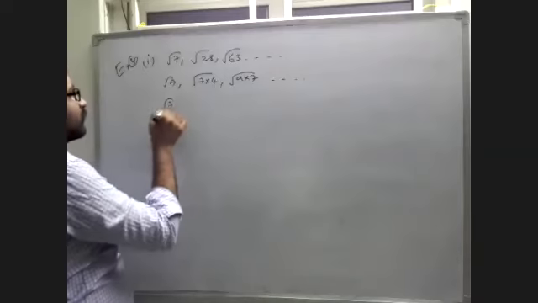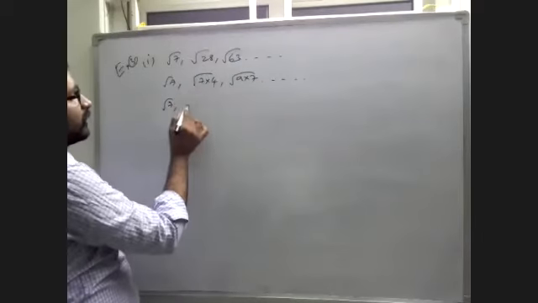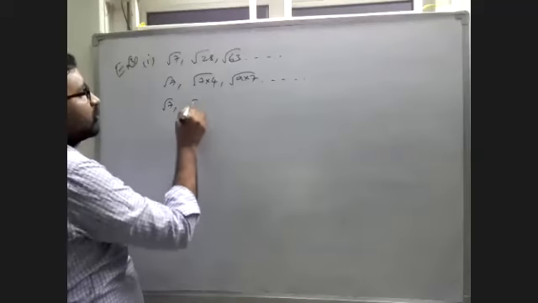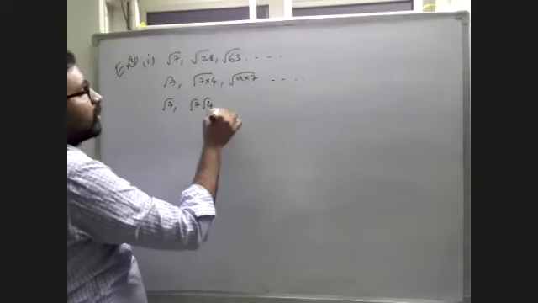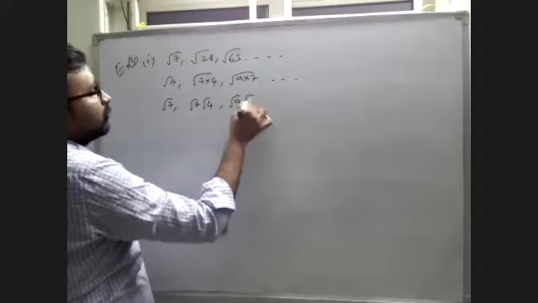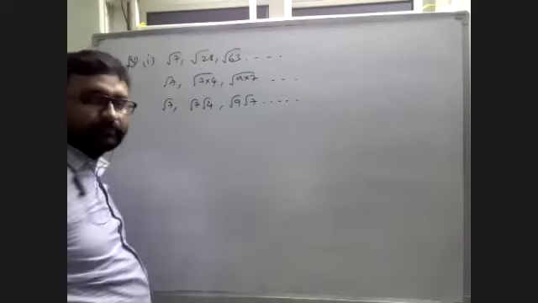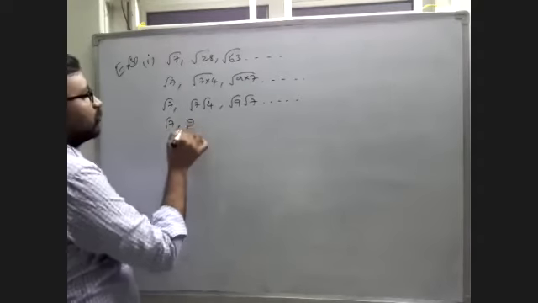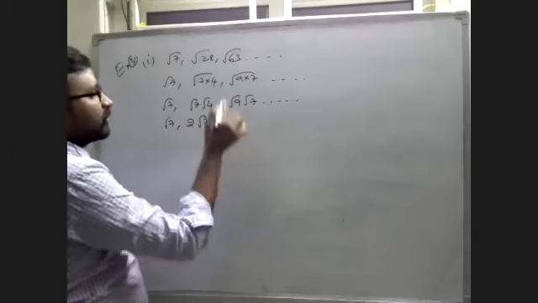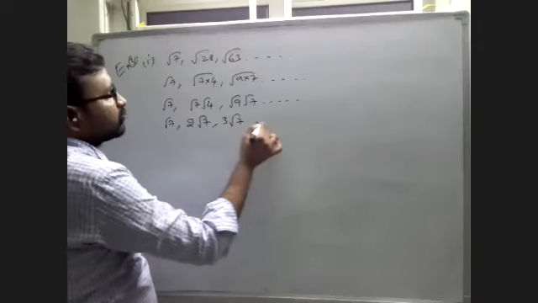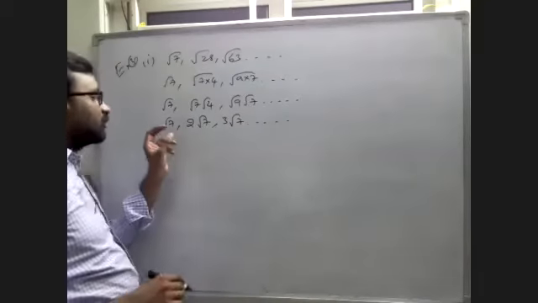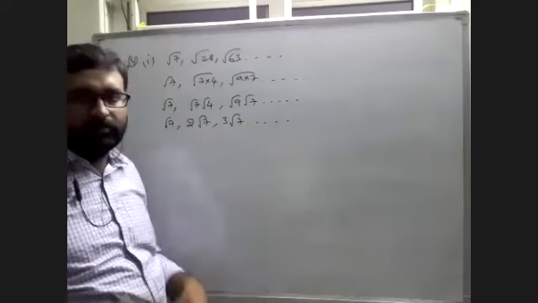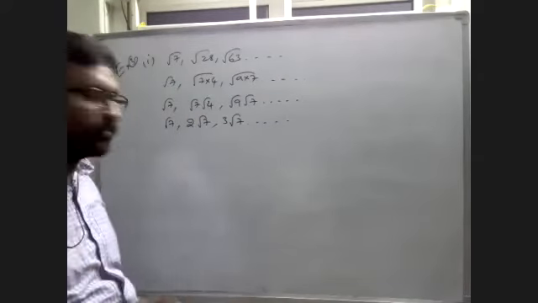Root 4 we can write as 2, so this is root 7 comma 2 root 7, comma root 9 is 3 root 7, and so on. To say this is an AP series, we have to find the common difference.